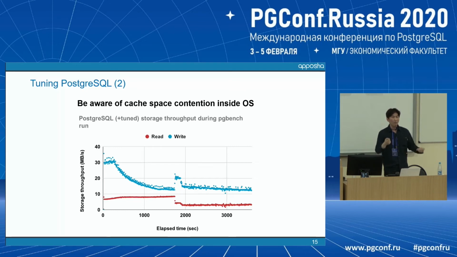So the WAL files and data files contend for cache space inside Linux. That's why, even though the data set fits in memory, there were read IOs for reading data, because the writes push out the data blocks cached in Linux.